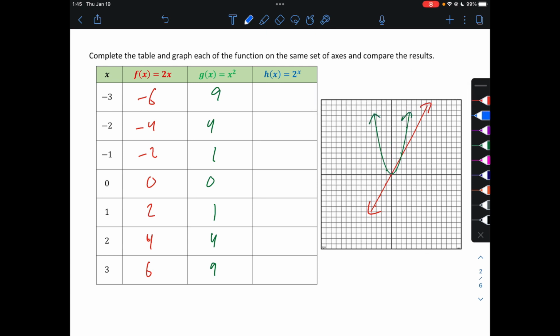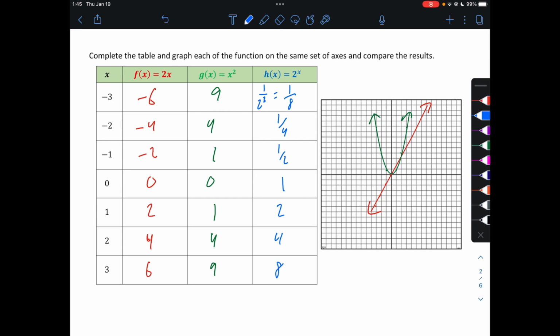All right, and then our blue one, our exponential, so 2 to the -3 is the same thing as 1 over 2 cubed, so 1/8. Then 1/4, and then 1/2, 1, 2 to the 0 is 1, 2 to the first, 2 squared, and 2 to the third.